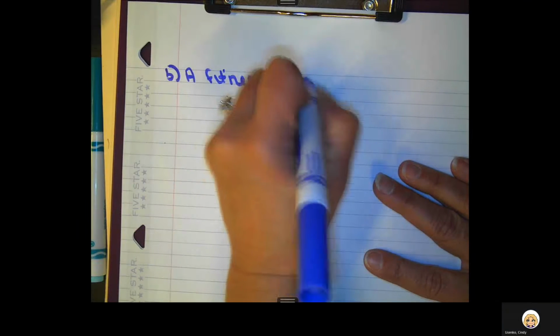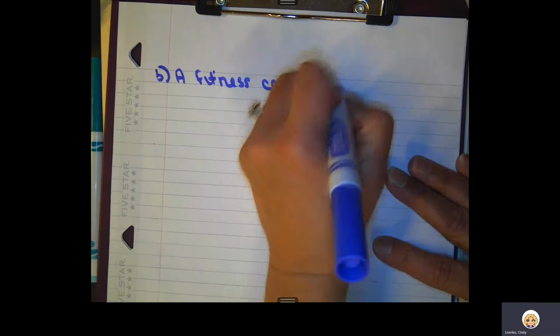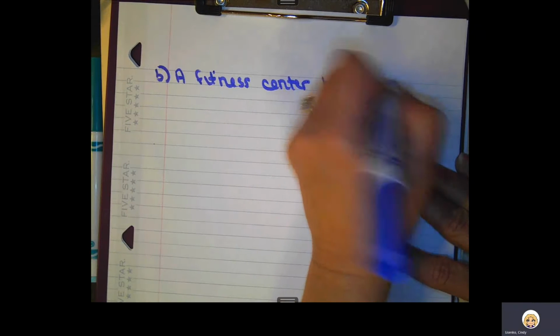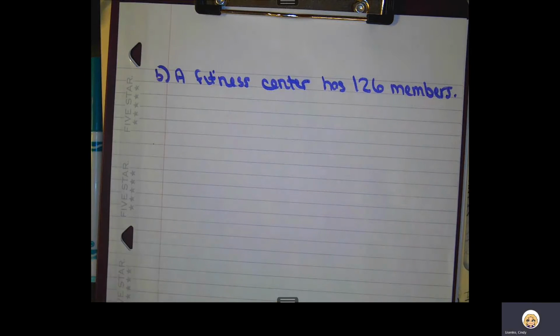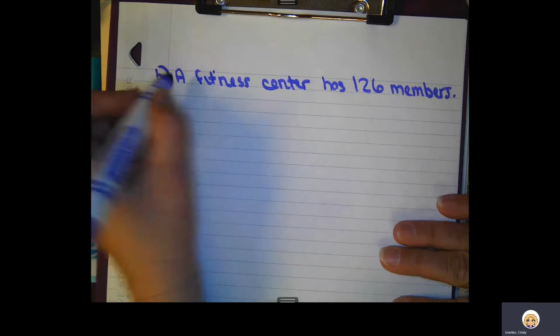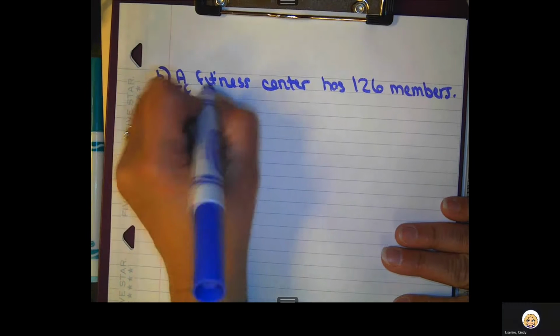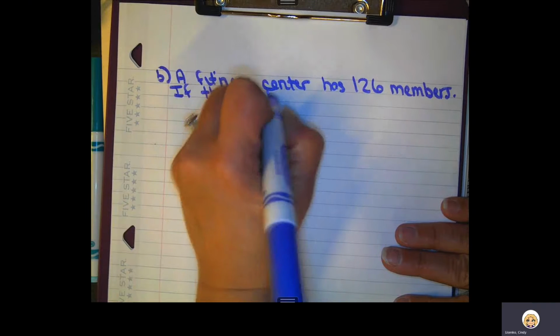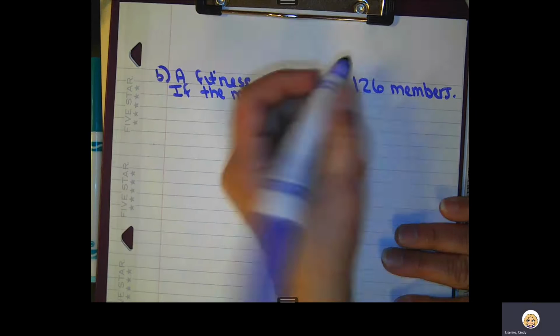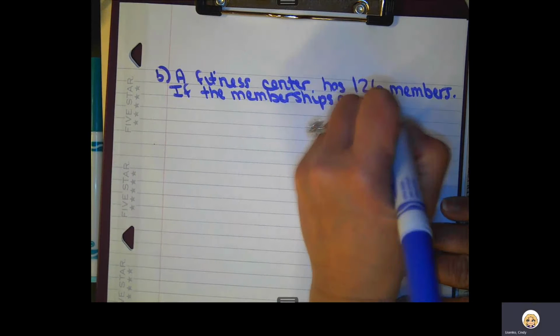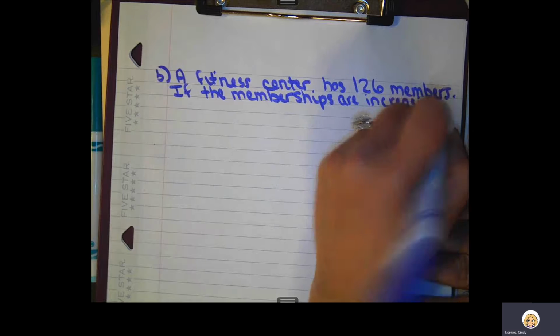Example B says, a fitness center has 126 members. If the memberships are increasing, remember increasing means to go up.